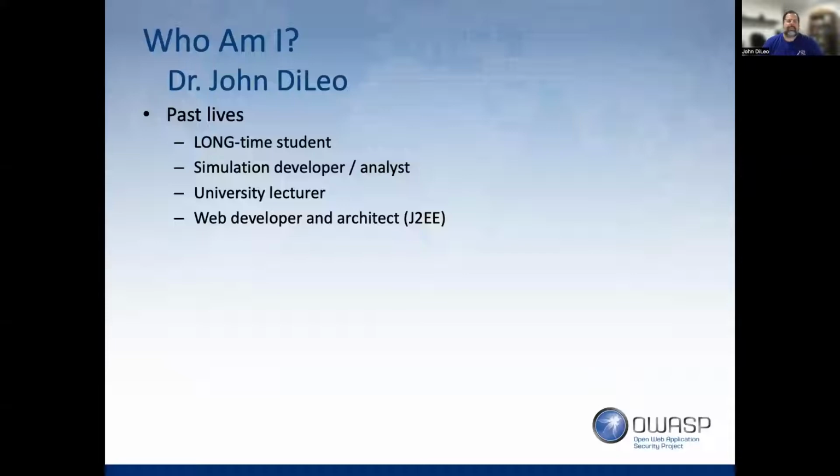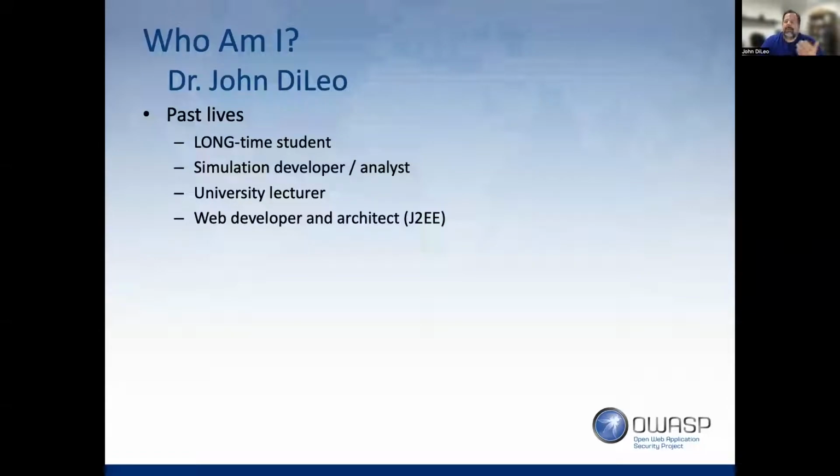Well, who am I? Well, I'm John DiLeo. Yes, I do hold a doctorate, so I get to make you call me doctor, but that's about all my student loans got me. It's actually in applied mathematics, and now I'm doing software security. Obviously, since I have a doctorate, I was a student for a really long time, much longer than I ever should have been.